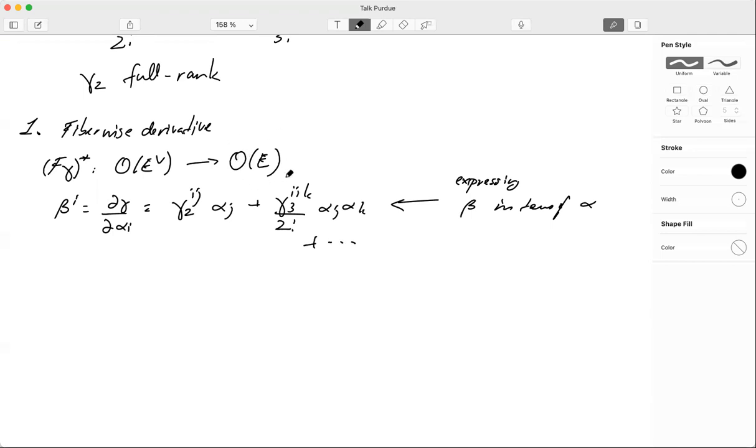So you get a map of algebras like this. So that's the equivalent of a fiber-wise derivative. And if gamma 2 is invertible, we can invert it too. We also get an expression of the alpha i's as some expression of the beta i's. So there's some linear term, there's some quadratic term, etc. And this matrix M is the same as the inverse of the matrix gamma 2. So you get an inverse map of algebras. Okay, now that's step number 1. We described it in terms of functions.